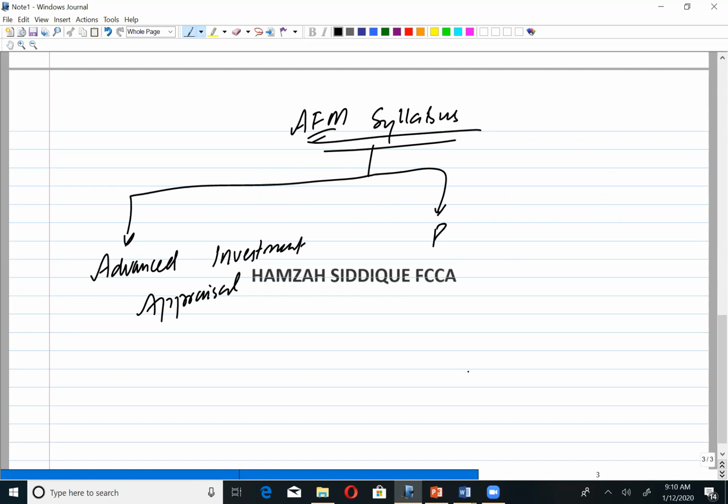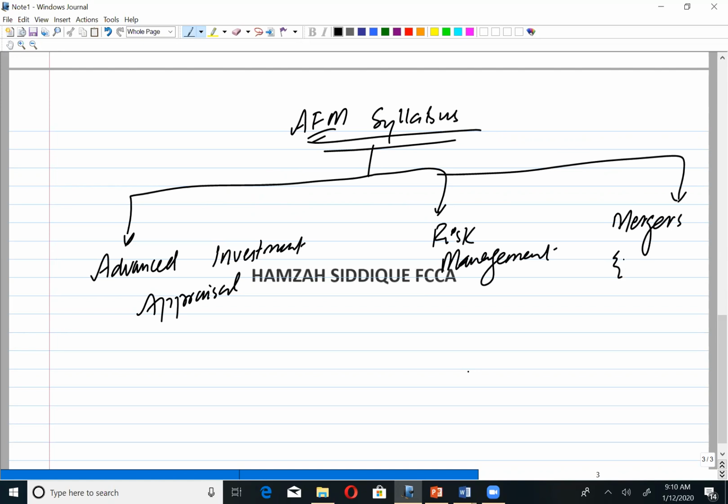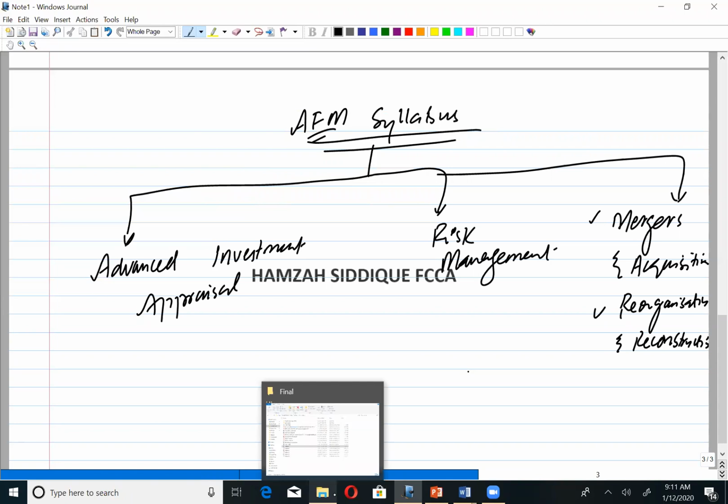The other is risk management. And the third is mergers and acquisitions, and a small part, which I consider the same, that is reorganization and reconstruction. Students, these are the three major sections of your syllabus, and in the exam they carry equal weight.